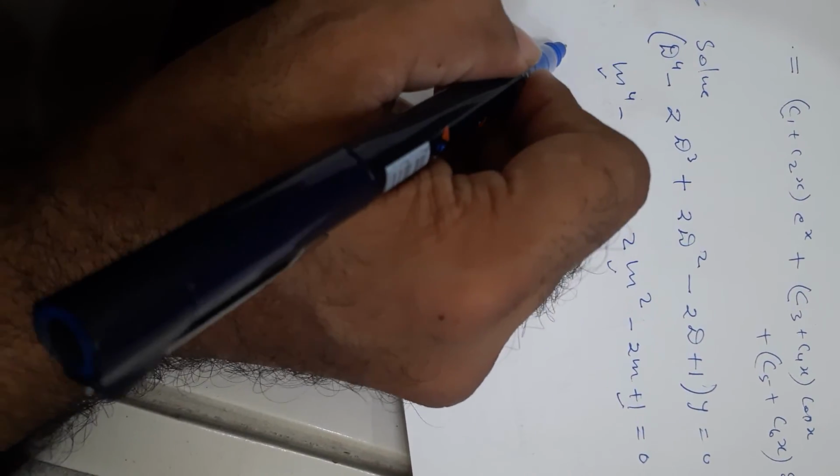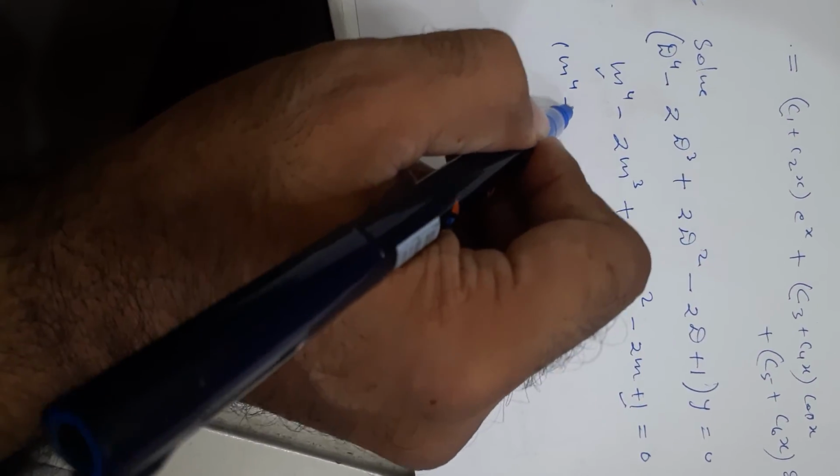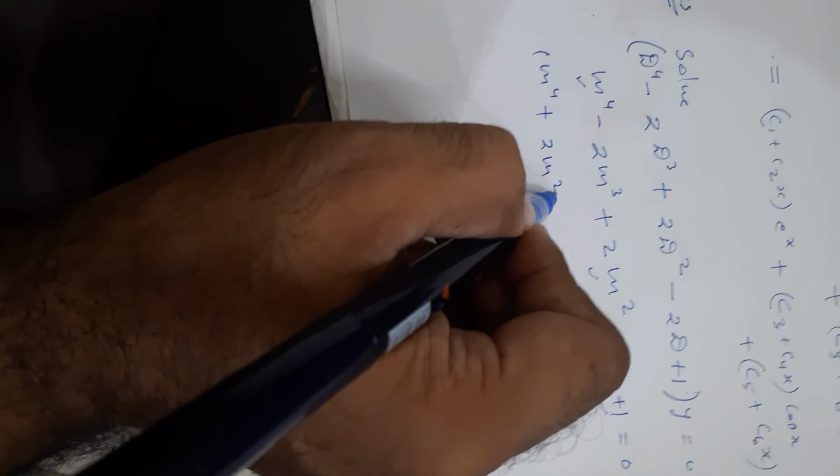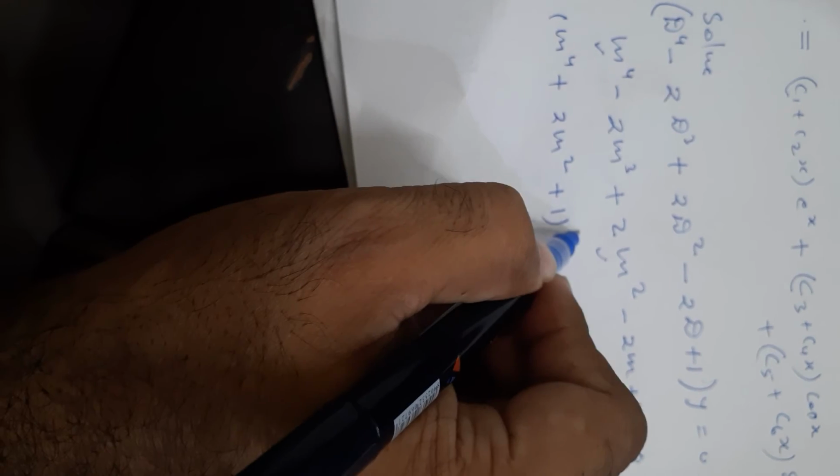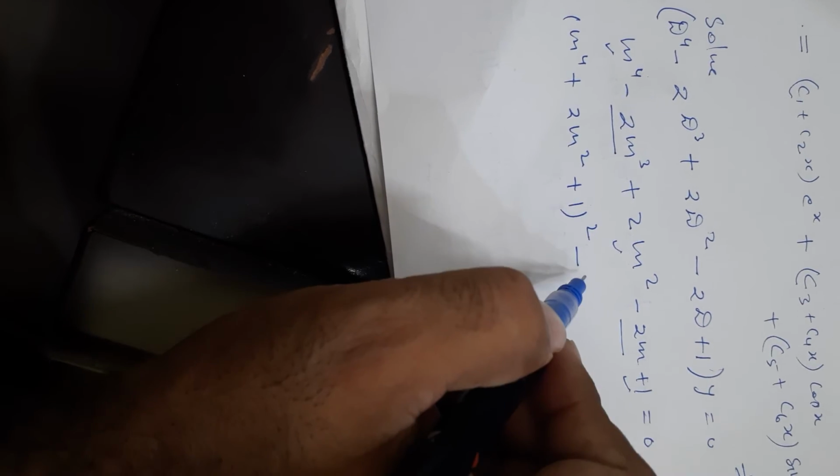We take m⁴ + 2m² + 1 in one bracket, that is (m² + 1)², and the remaining terms are −2m³ and −2m.